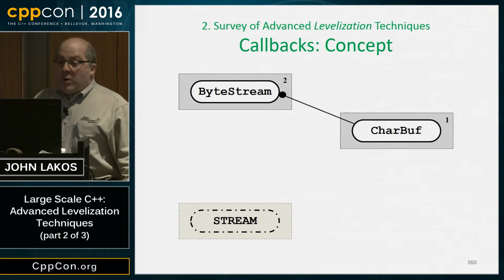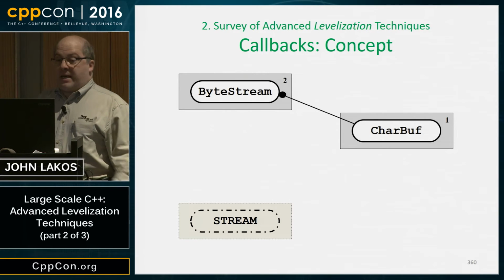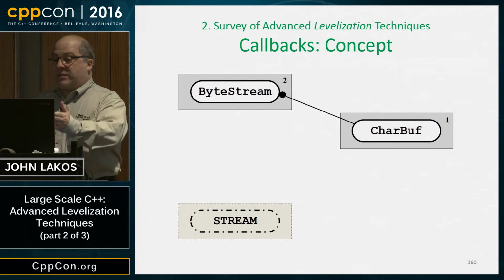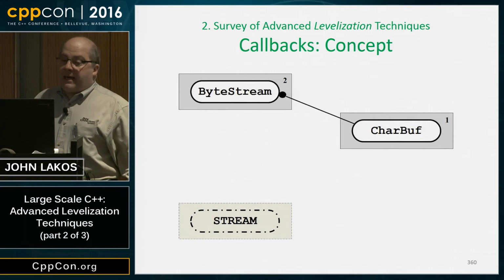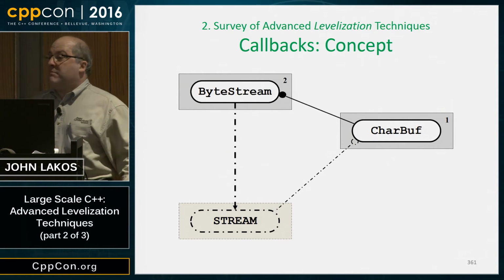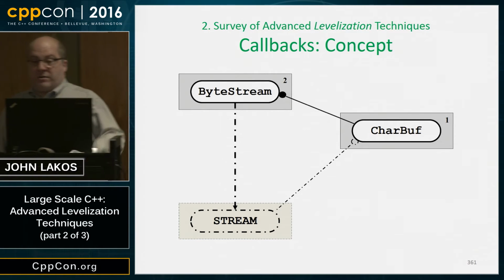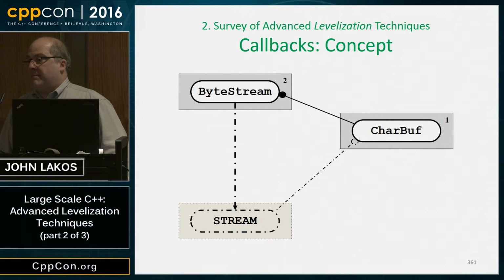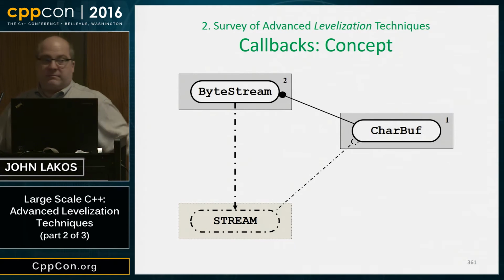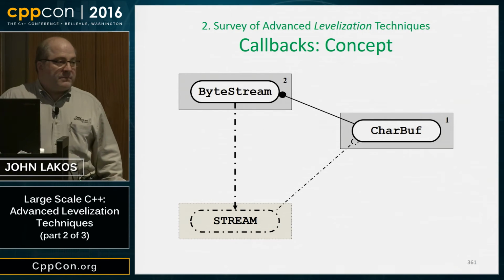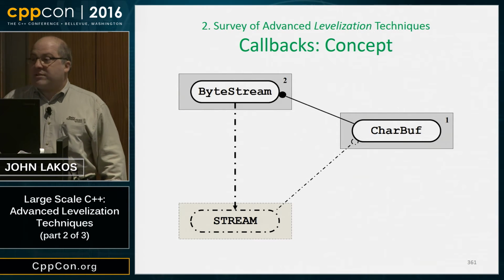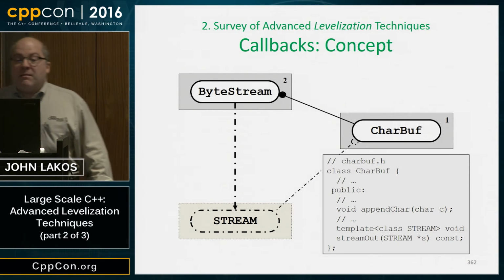And then we're going to put the char buff lower because we can, because now the real byte stream depends on the char buff. And guess what? They're both going to mythically depend on this phantom concept that doesn't exist. And the char buff is going to do this, by the way, with the template method. What do you think of that? It's crazy talk. Okay, but it works.